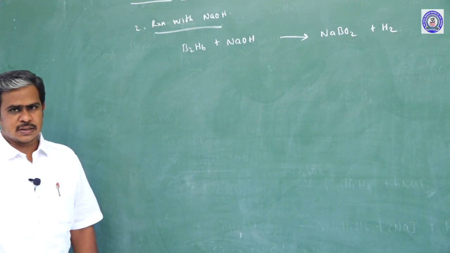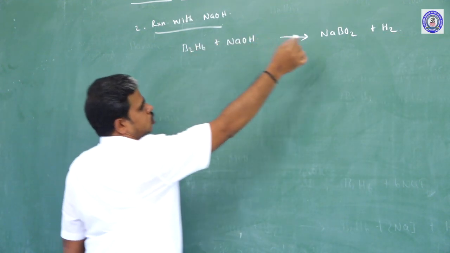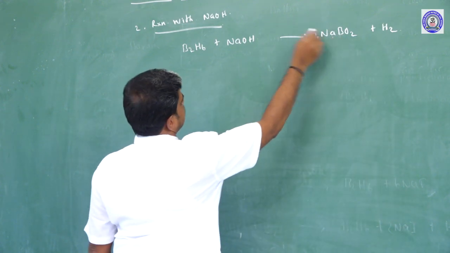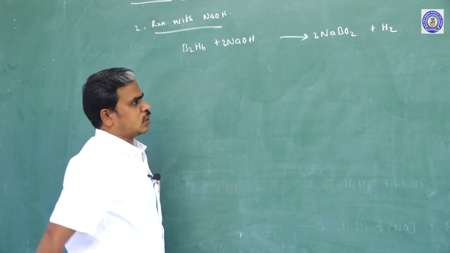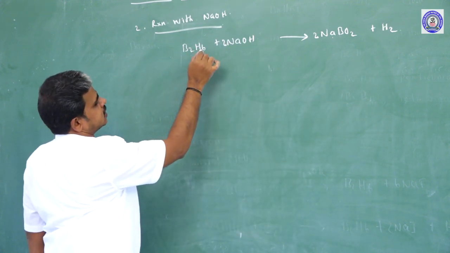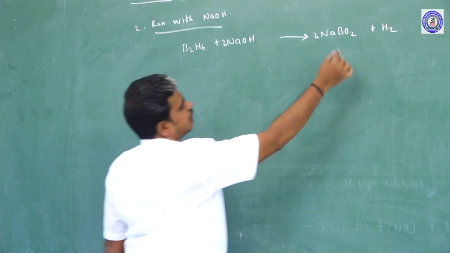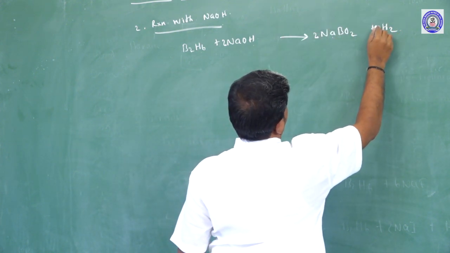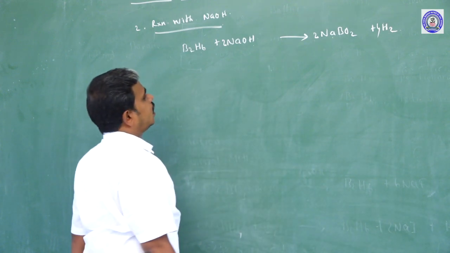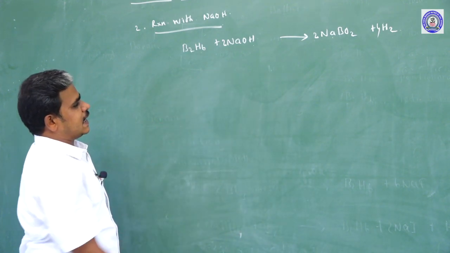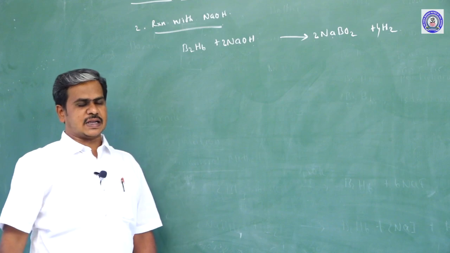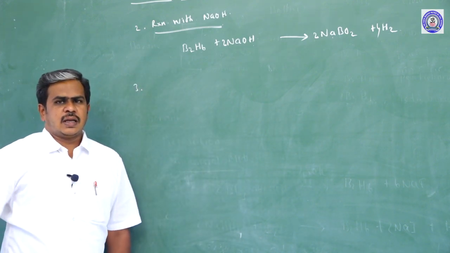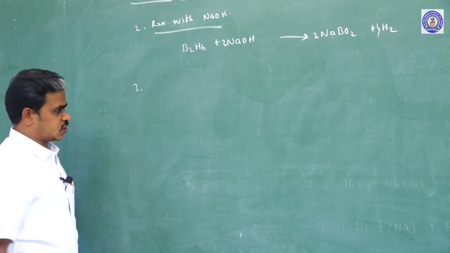Now, balance it: 2 boron, so here only 1 boron, so it is 2, and 2 sodium atoms, and hydrogen 6 plus 2 is 8, and here we take 4 hydrogen. So, it is balanced.